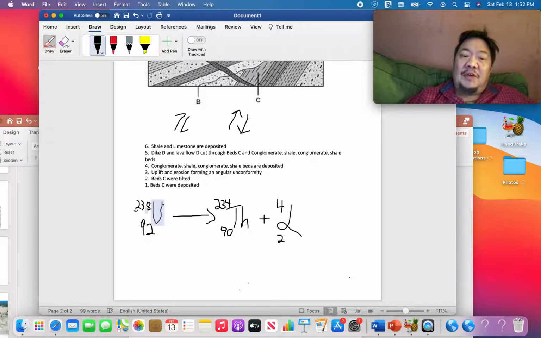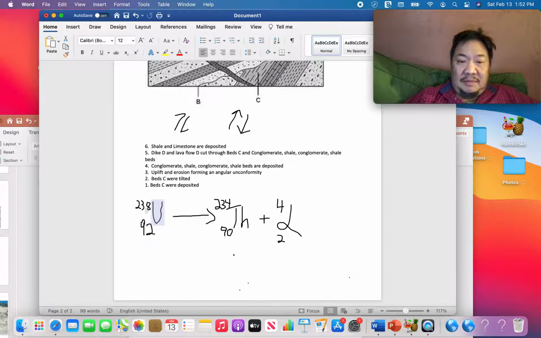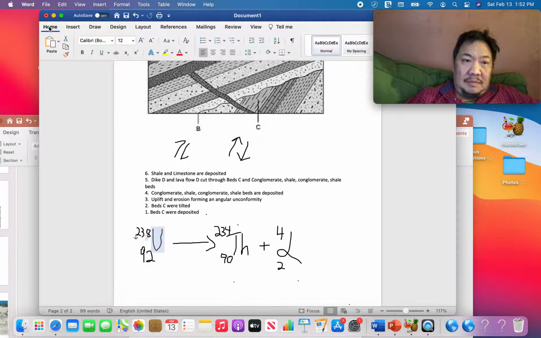This type of radioactive decay is called alpha decay. Let's write that down because it's important.